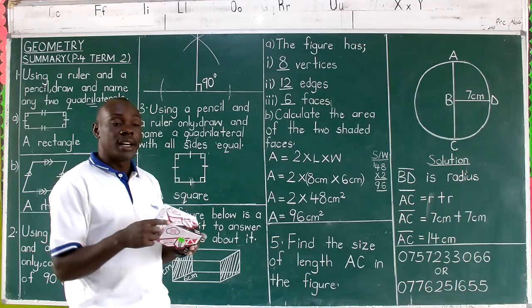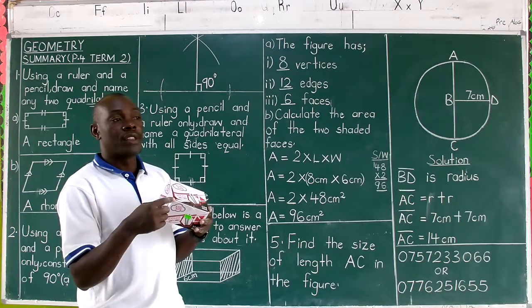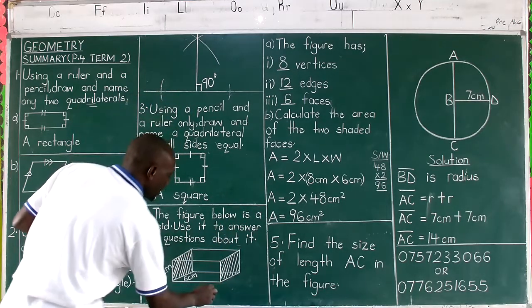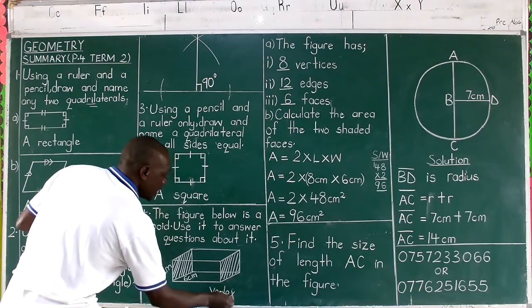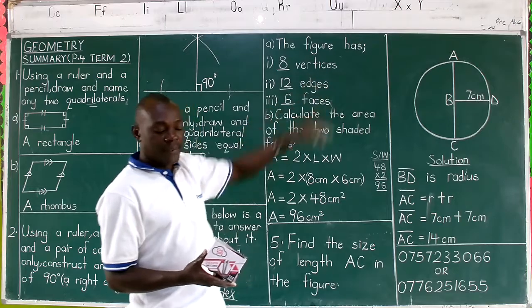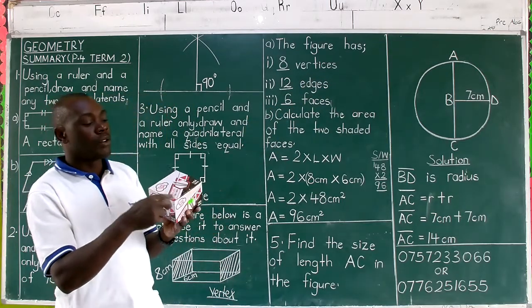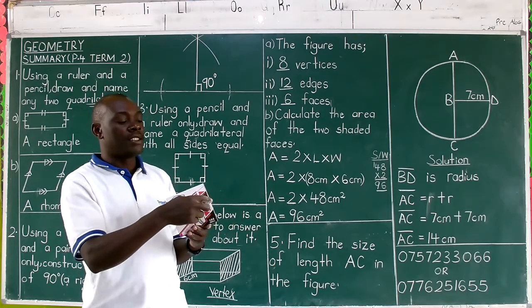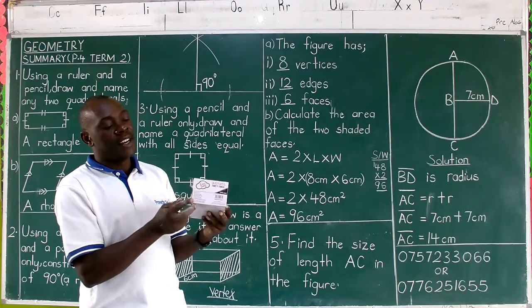Then the corners are called vertices. The singular form is vertex. The plural is vertices. Look at the word. So a corner is called a vertex.